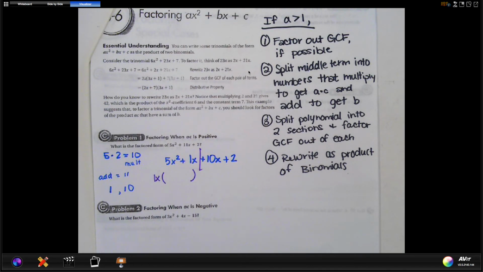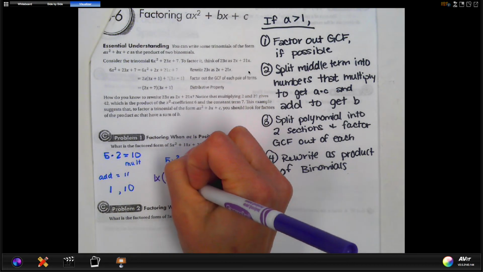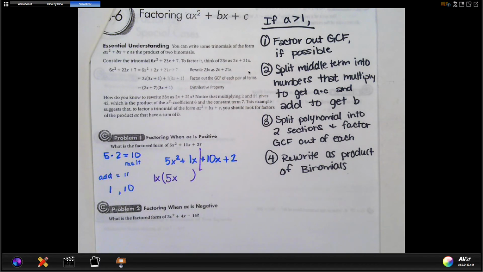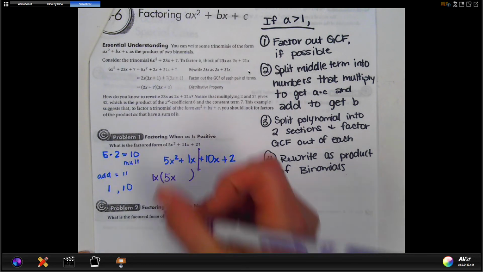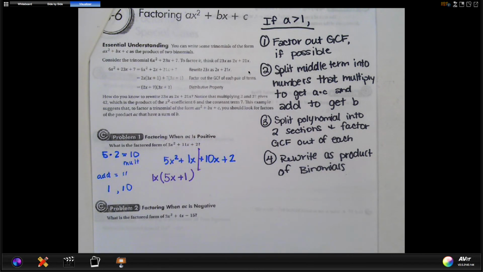So 5x squared divided by 1x is what, Xavier? Just 5x, okay? Because 5 divided by 1 is 5, and then x squared, taking out an x, divided by x to the 1 is x. What's 1x divided by 1x? Just 1. So that's this side, factored out.